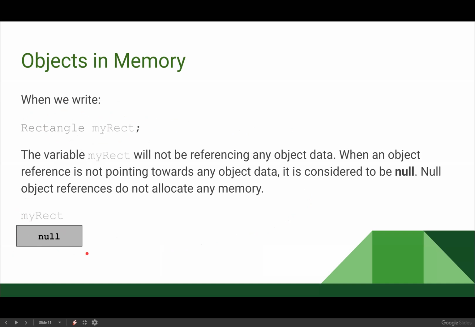So the value in my rect box is null, saying I'm not looking at any value right now. So null object references don't allocate any memory. This is just important for us to know. If an object is uninitialized, it will equal null. And null just means there's no value here. There's nothing to look at.